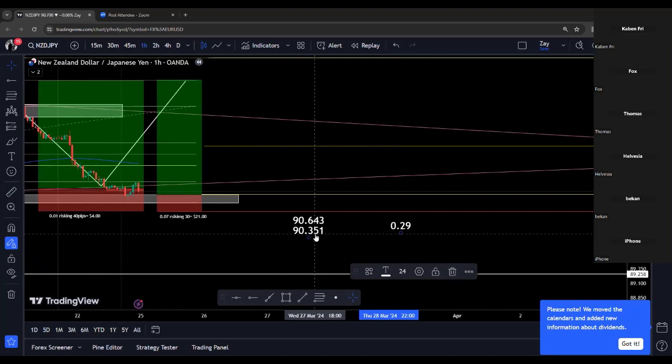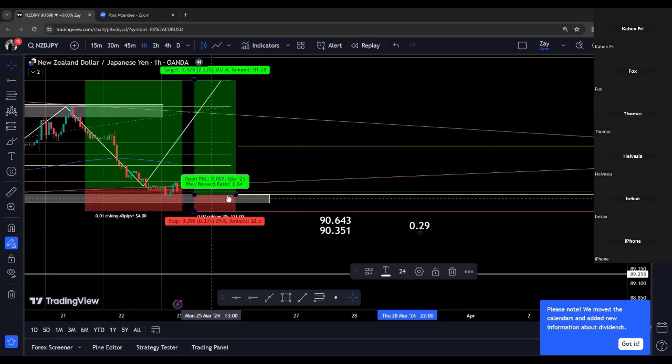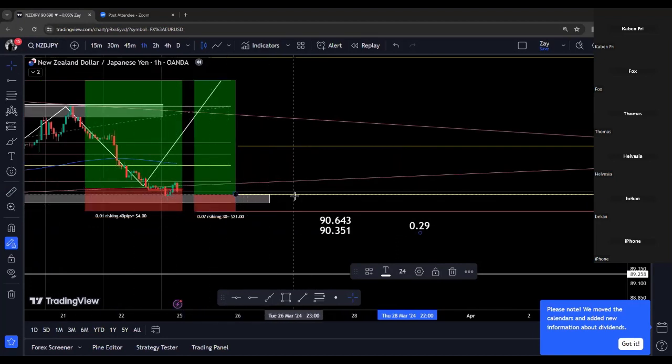But that's pretty much how you calculate pips from your entry price to your stop loss, which is like previous structure. You just see how many points you went down. So if we enter here and we went down, just look at the price, 90.643, 90.351, and then just do the math. Even if you don't understand it, just put the whole number in.